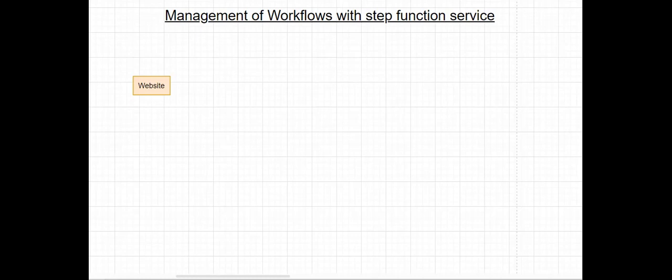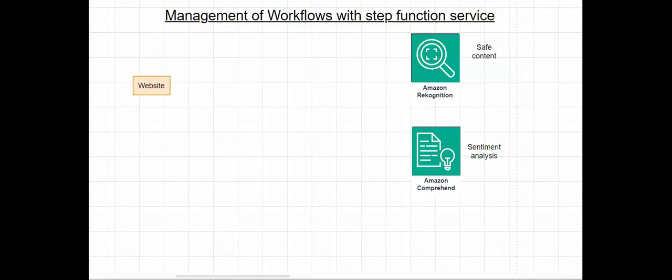I need to do sentiment analysis on my image, whether it's a positive, negative, or neutral image. I need to find the sentiment of it. So how do I identify the sentiment of the images that my users post on my website? That I can do by using a service.